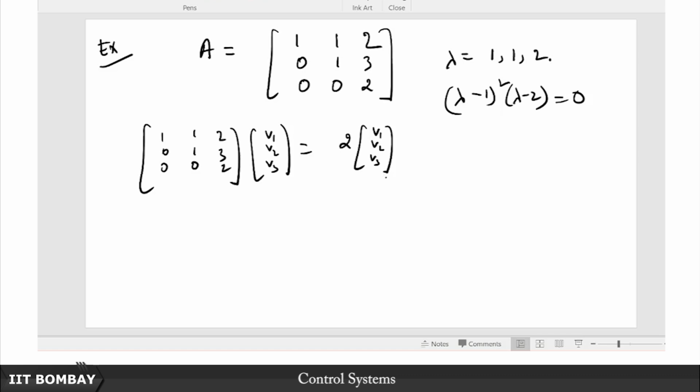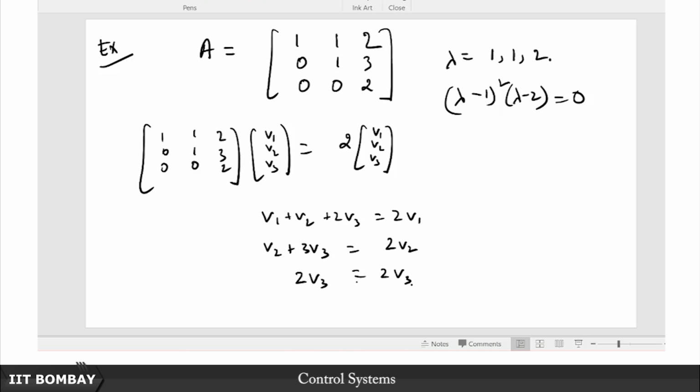So by equating the first element, V1 plus V2 plus 2V3 is equal to 2V1. The second equation gives us V2 plus 3V3 is equal to 2V2, and finally the last one gives us 2V3 is equal to 2V3, yeah.